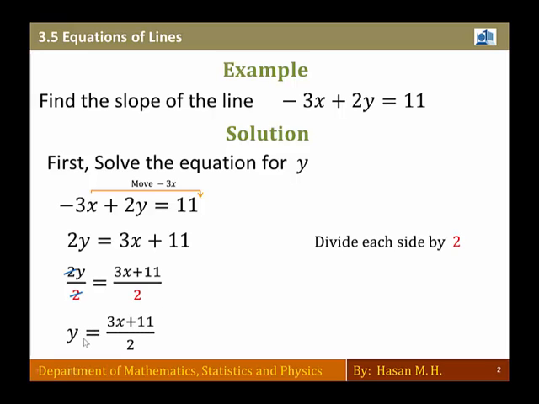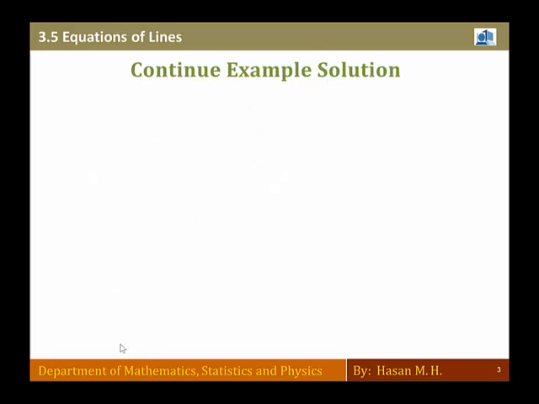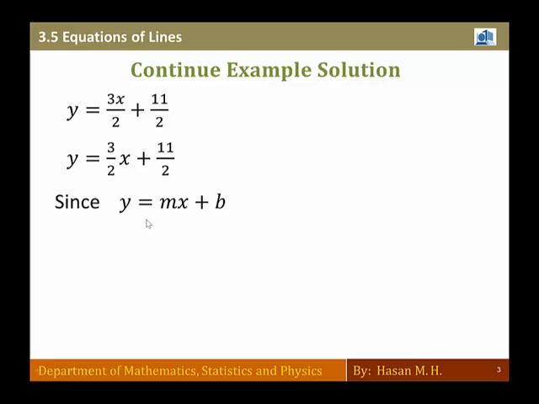We will have y equals (3x plus 11) over 2, which is the same as y equals 3x over 2 plus 11 over 2, which is the same as y equals 3 over 2 x plus 11 over 2. Since y is equal to mx plus b, therefore the slope is m equals 3 over 2.